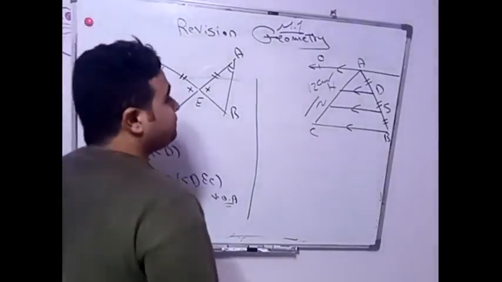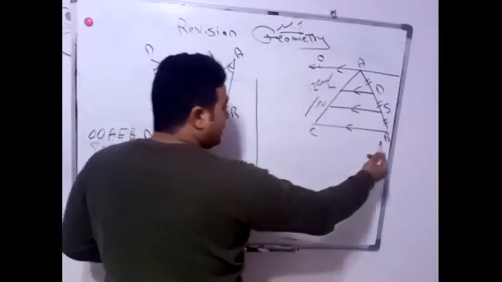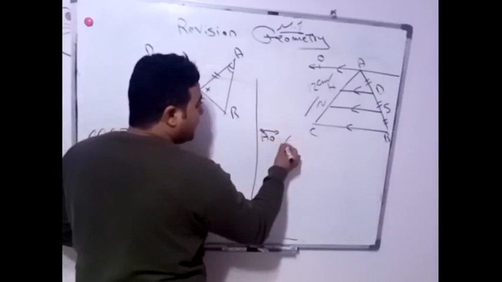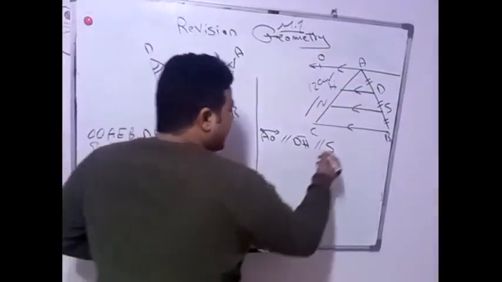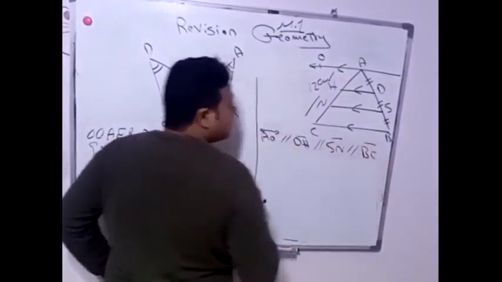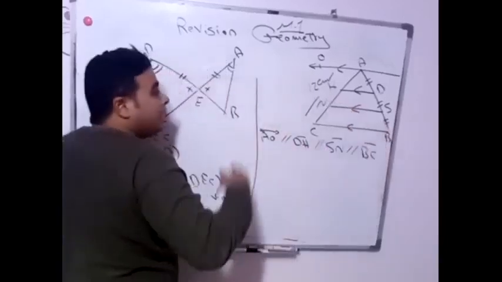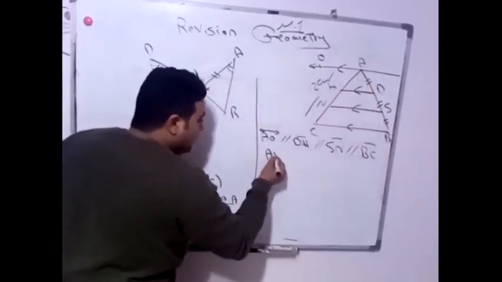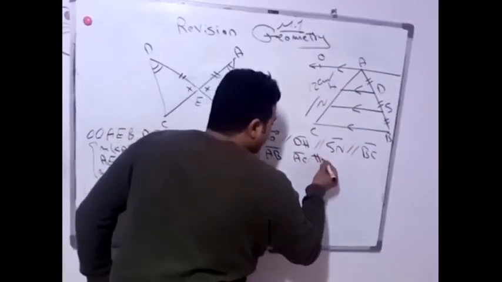Now we have AO parallel to DH parallel to SN parallel to BC, and AB and AC are transversals.